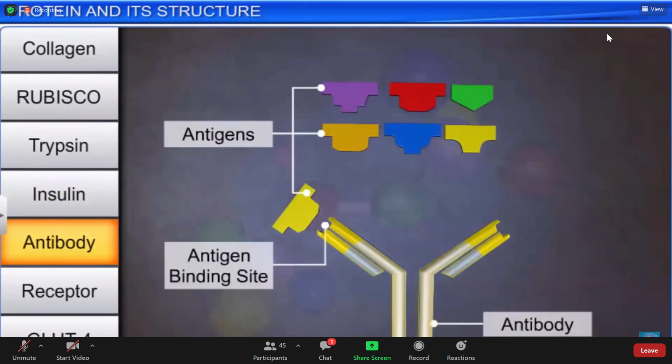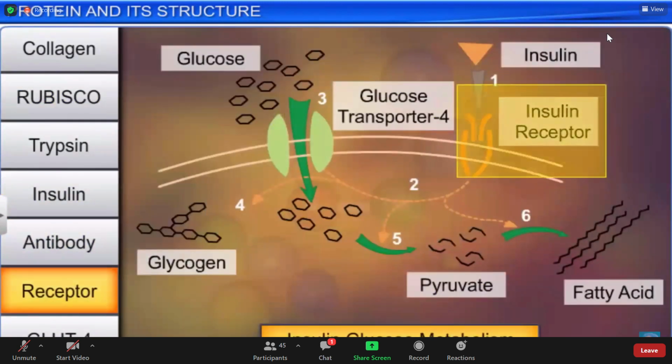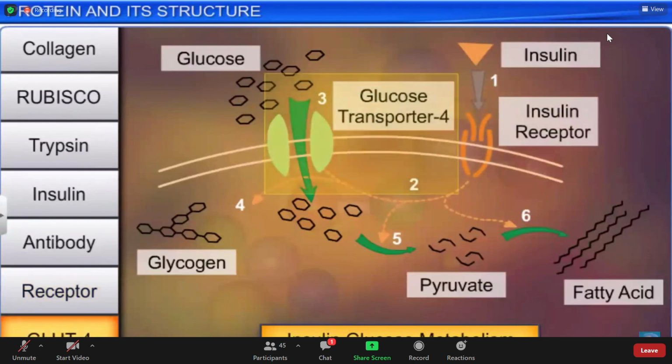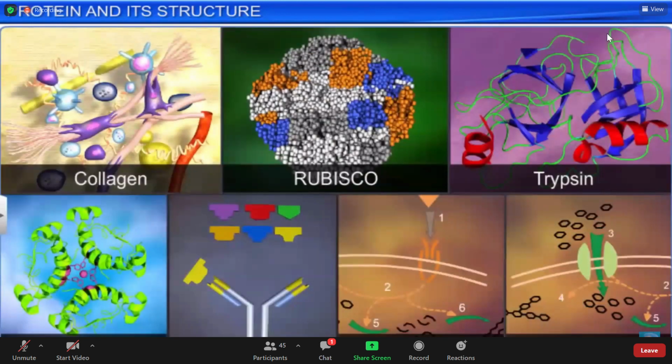Receptor, another protein, helps in sensory reception, while glucose transporter 4, or GLUT4, helps in transporting glucose to the cells. In this manner, various proteins play a vital role for every living organism. The structure of these proteins is crucial in determining their functions.